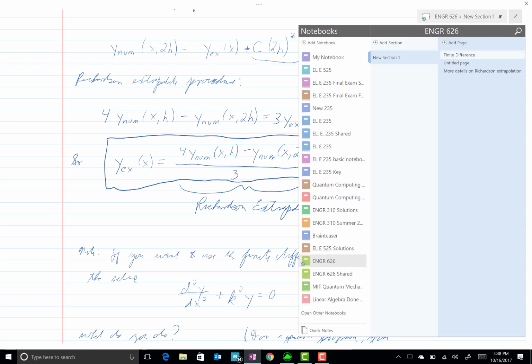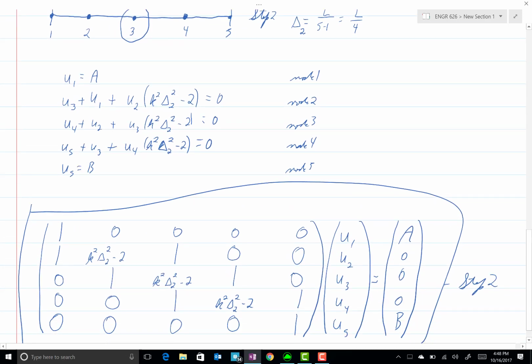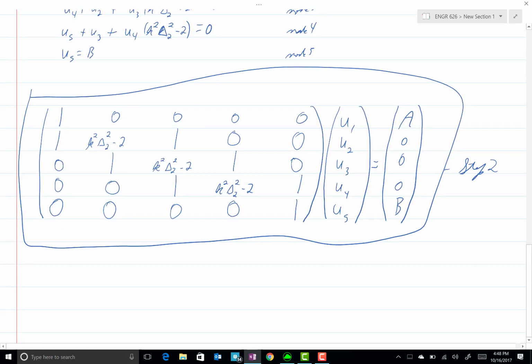So after we've gone for 2 steps, we would have Richardson extrapolate at x equals L over 2.